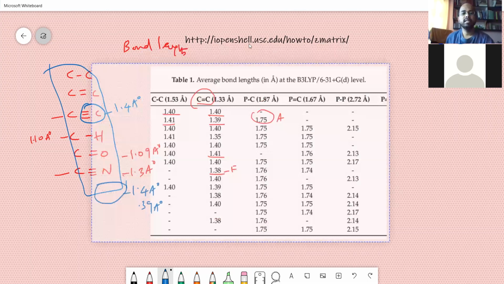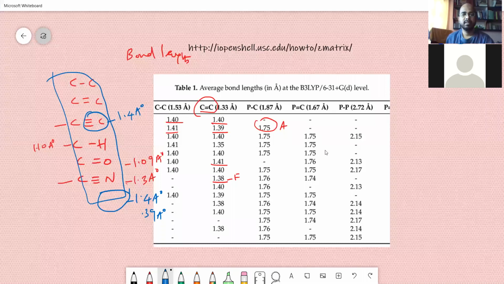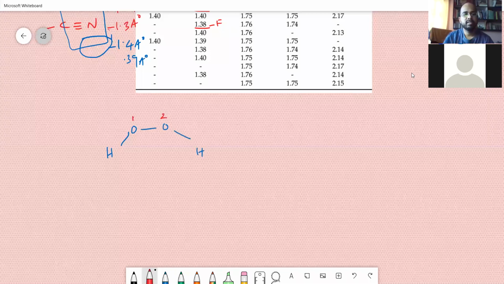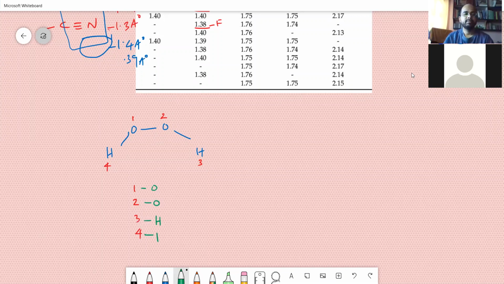Okay, so you can just visit this website, and then I'll again draw the Z matrix, explaining how water, H, O, and H, you can describe. I'll take this as the first atom, this as the second atom, this as the third atom, this as the fourth atom, and I will write 1, 2, 3, and 4. 1 is oxygen, 2 is oxygen, 3 is hydrogen, 4 is hydrogen.